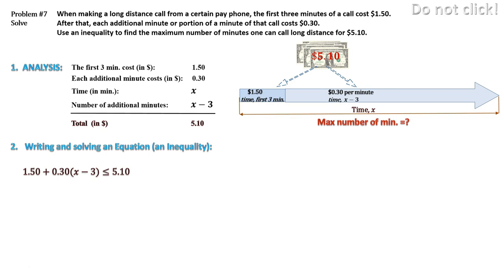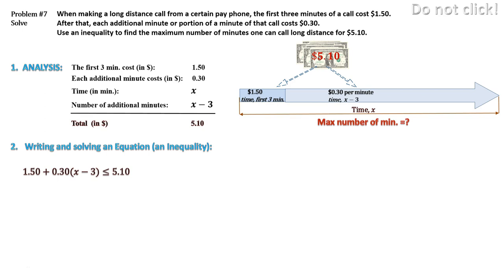You can see that this inequality represents money in portions. Left side, $1.50, this is money for the first 3 minutes. And then the second piece would be money which someone is supposed to pay for additional time after the first 3 minutes. This is the left side. And the right side, the total cost, which is $5.10.